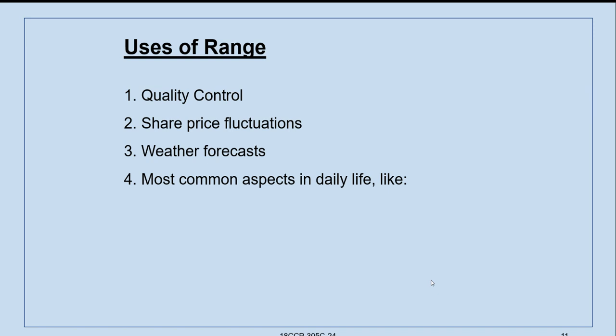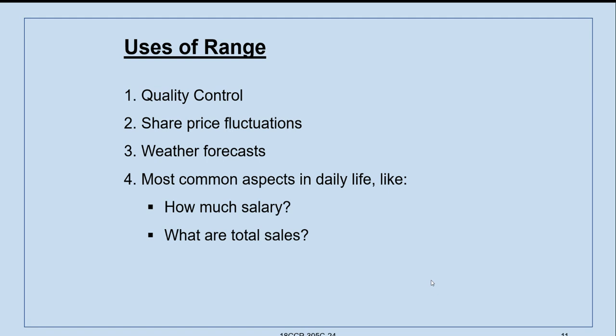And in weather forecasts also. If you observe, the daily temperature is given as highest and lowest. That is range. And it is the most common aspect in daily life, like how much salary, what are total sales.